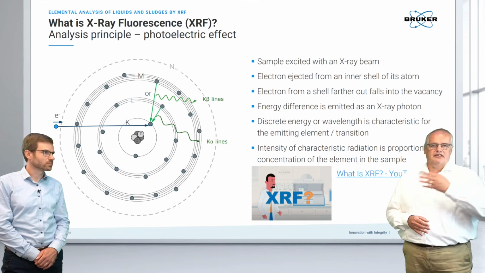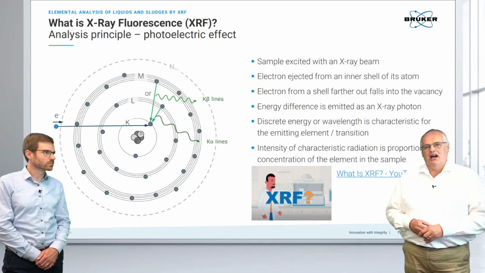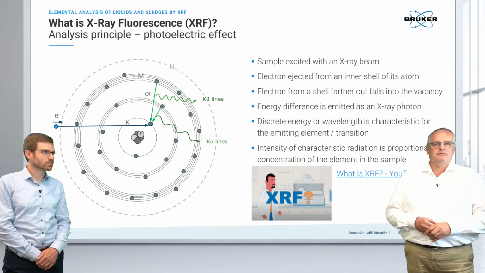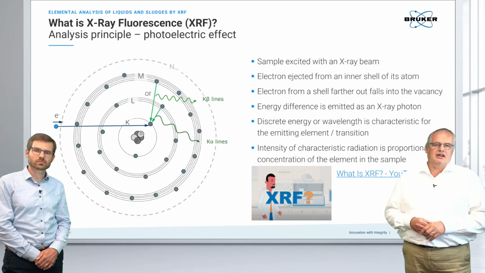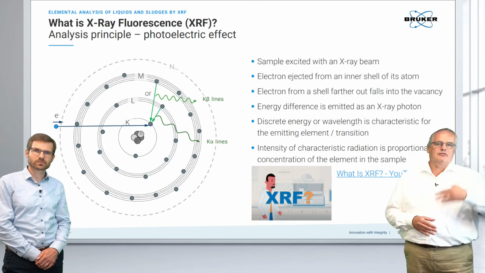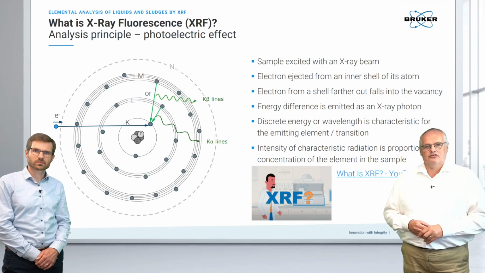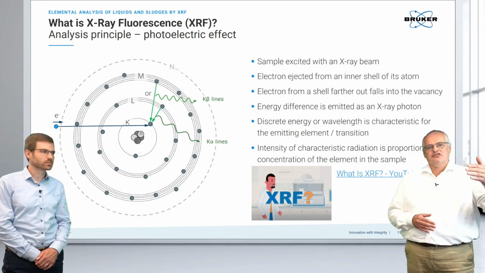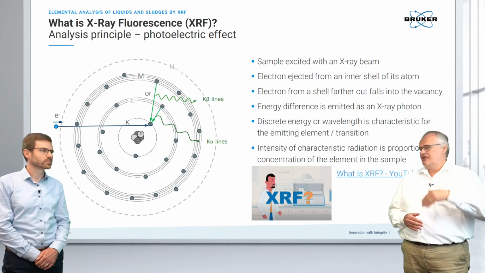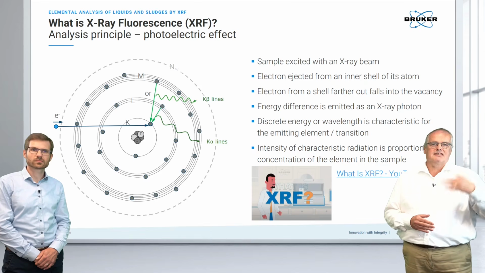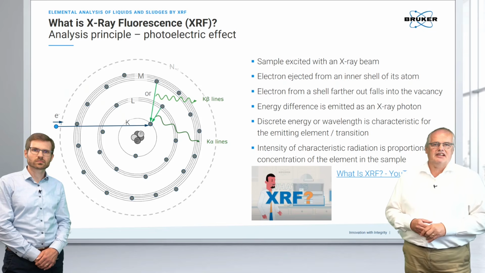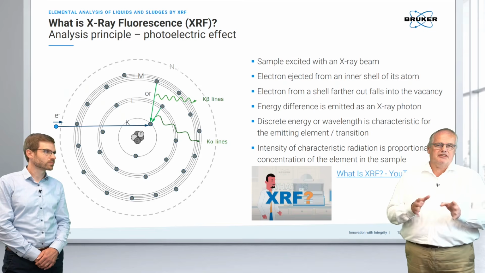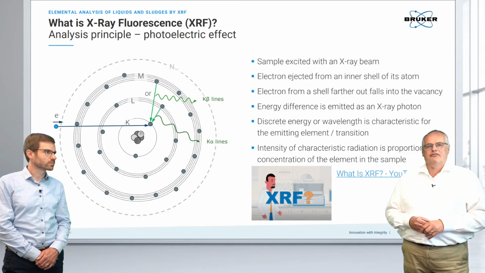So we are hitting the sample atom with an X-ray beam of the responsive energy, and then we are expelling an inner electron. And what happens now is that an electron from an outer shell falls down and releases the excess energy as an X-ray photon, which is very characteristic for the element itself.